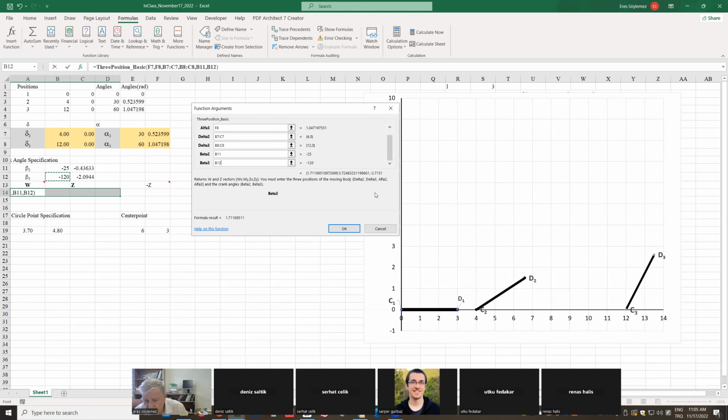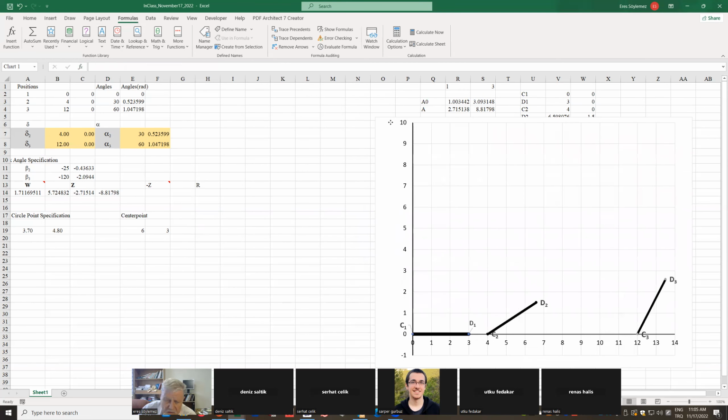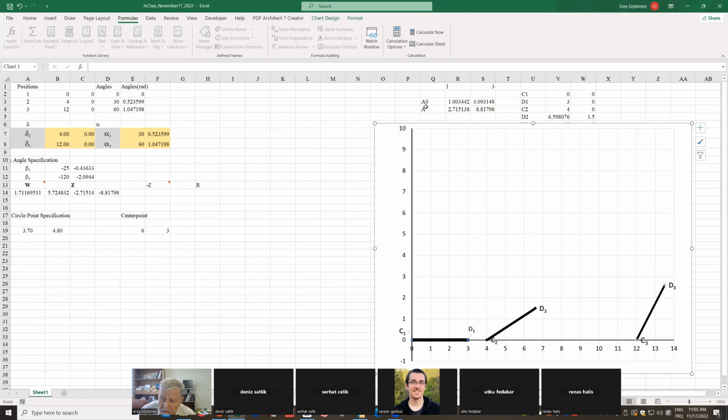I'm going to obtain 4 numbers. Control Shift Enter. W and Z. Okay? If you want, starting from mine, I think I have done it over here, but I'll do it now.